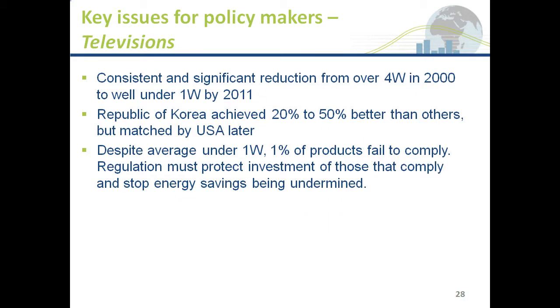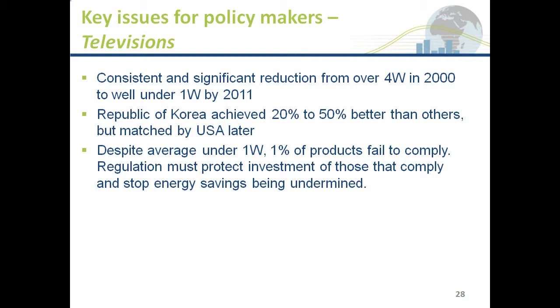And finally, there were a few points that we could draw out, particularly on televisions, which did achieve a consistent and significant reduction in standby power. Levels were around 4 watts in the year 2000, but had dropped to well under 1 watt by 2011. And the Republic of Korea was achieving 20 to 50% better standby power levels than others, although the USA did match this.